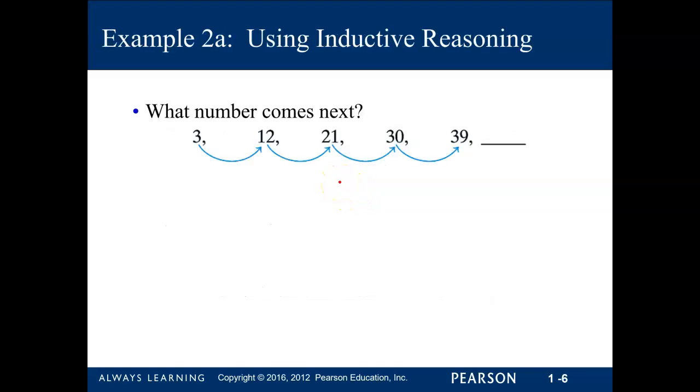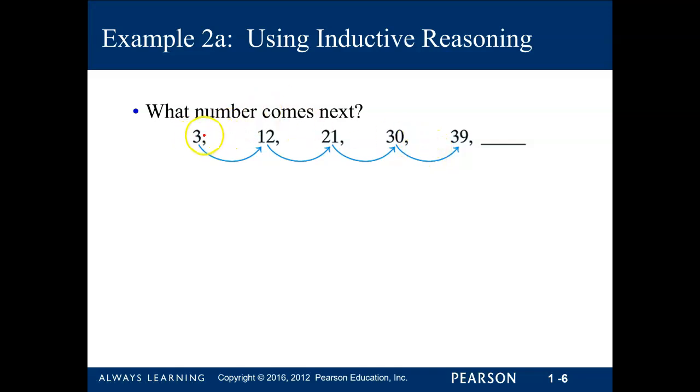All right, so looking at this pattern, here we can take a look at our observed numbers. We have 3, 12, 21, 30, and 39. Like I said, for us to use inductive reasoning to make a conclusion, we need to see a pattern over here.